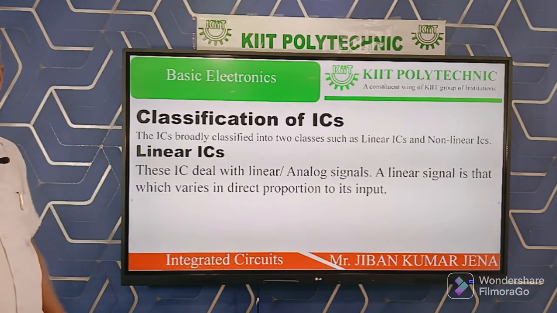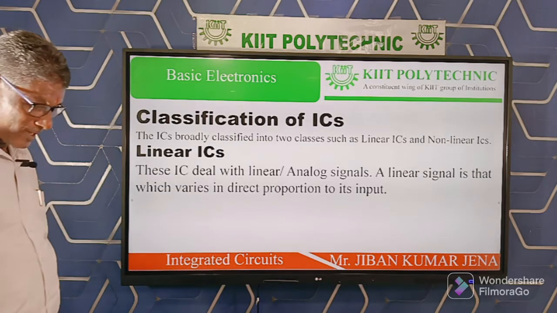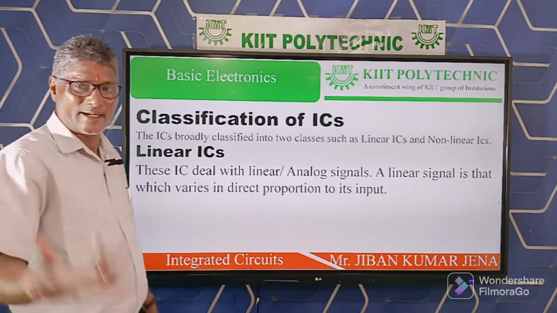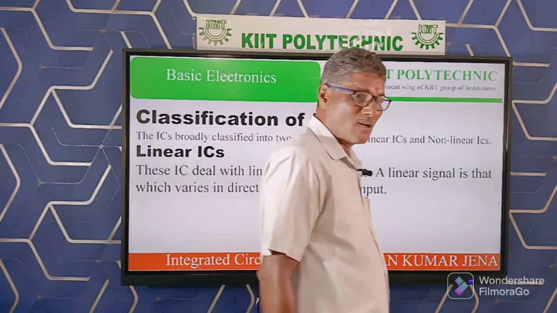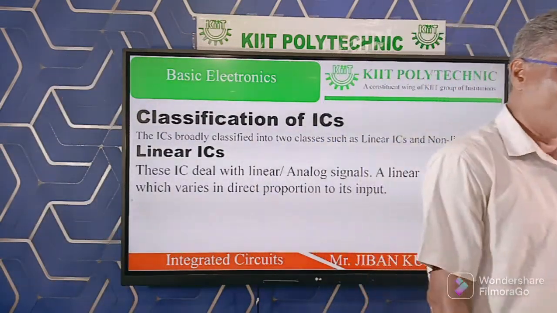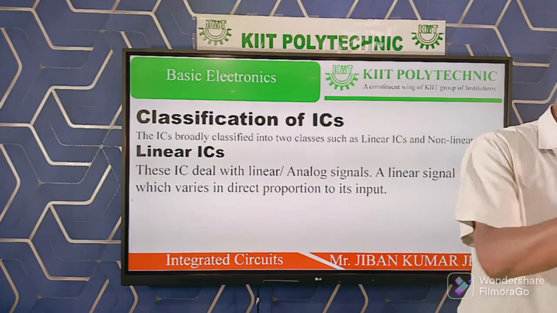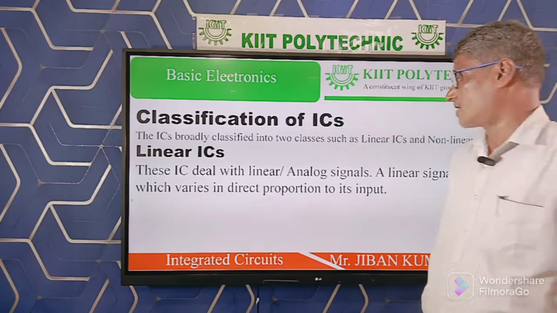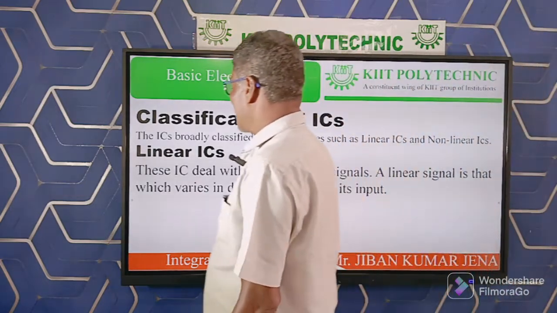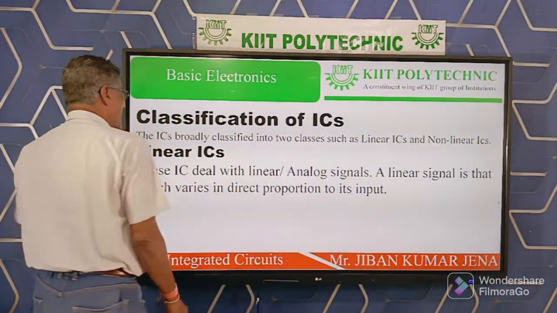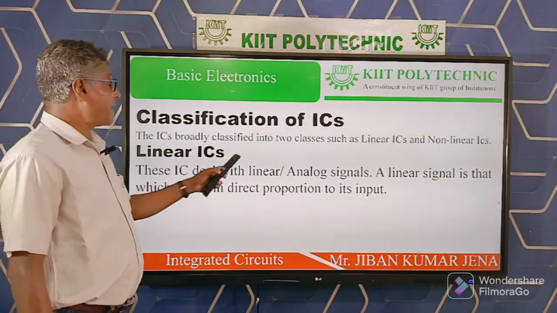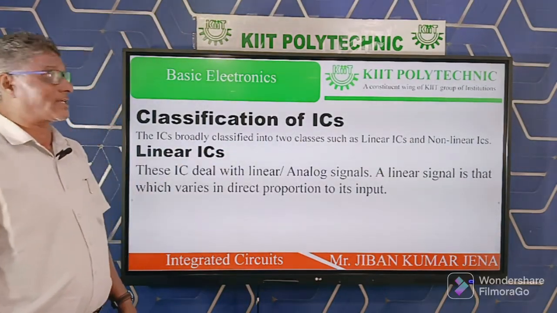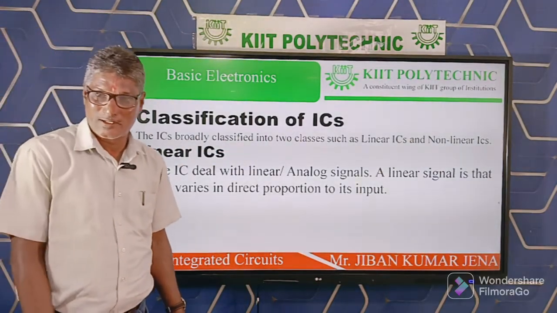That is classification. Classification means its type or kind. You may call it a kind, type, or classification. All are equivalent. So, from a general point of view, the IC is broadly classified into two classes: linear IC and non-linear IC.